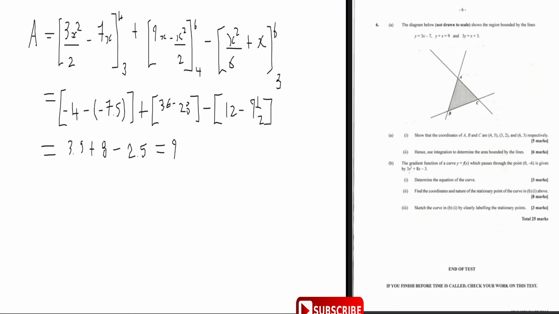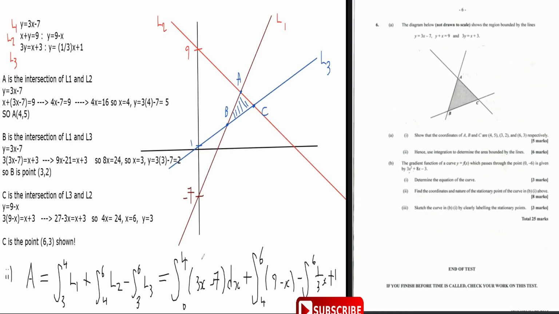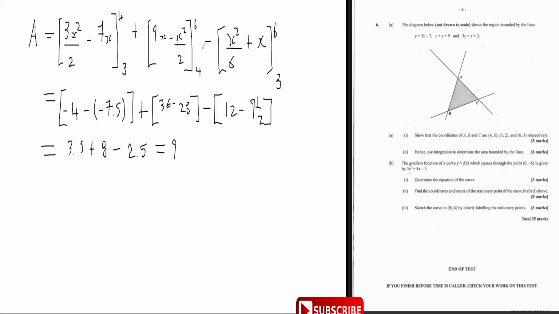Now, anytime you get an answer, you just want to check to make sure you are integrating properly. 9 minus 3x squared over 2 minus 7x. 9x minus x squared over 2. x squared over 6 plus x. So all of these are integrated properly.